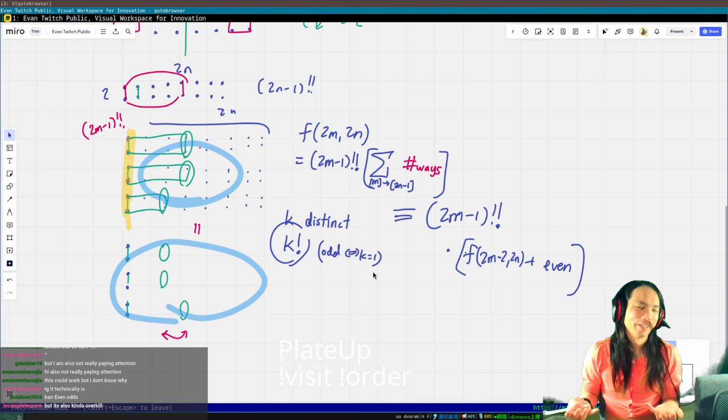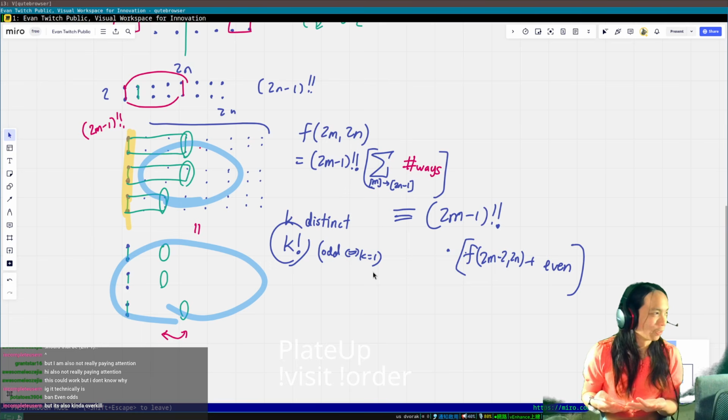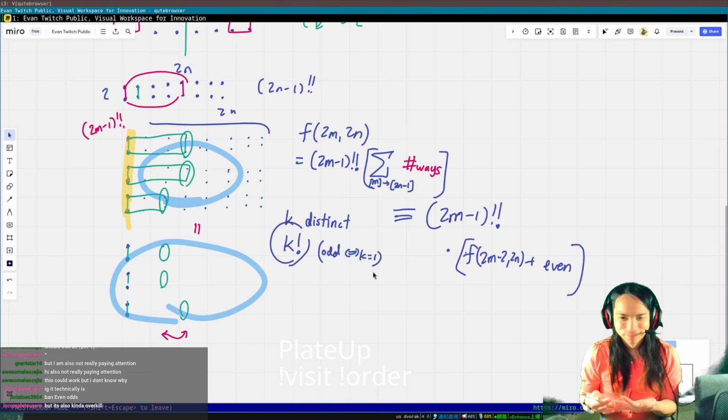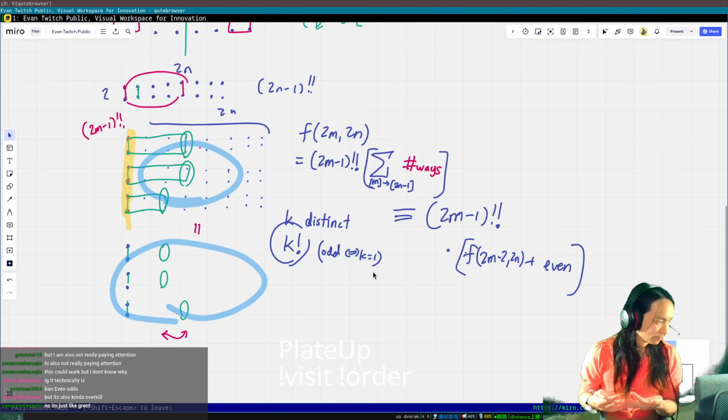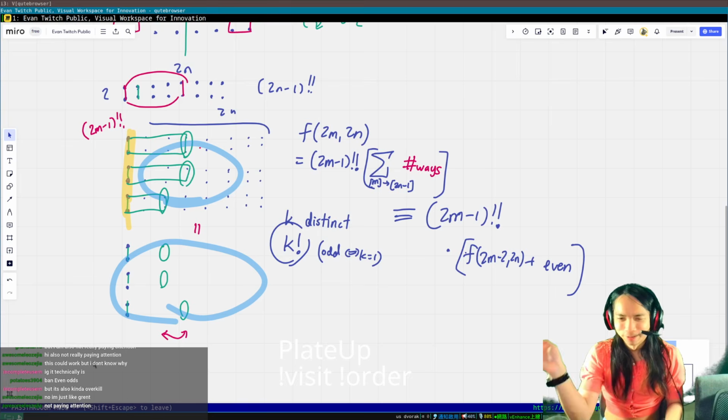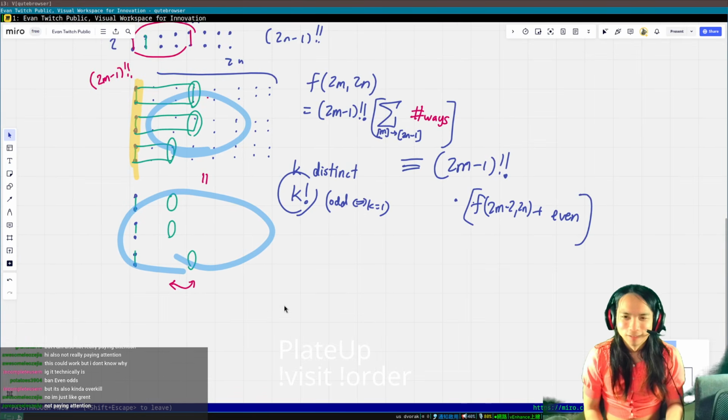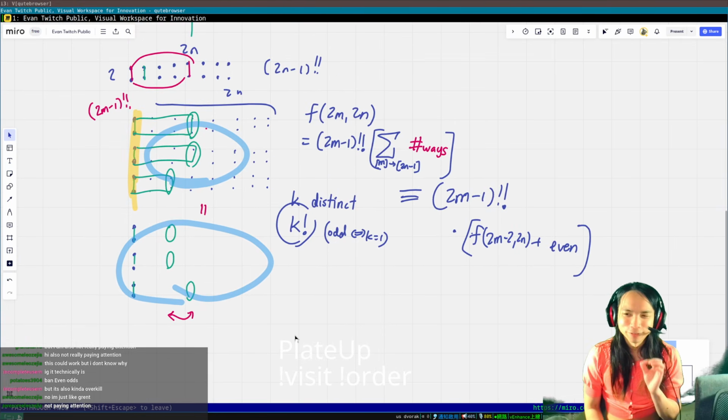Okay, I believe you because I've been thinking about this problem for a whopping 20 minutes, but okay, you know what? It's fine. Is there at least one person who can confirm that I'm not just being dumb? Because I feel like this is supposed to work.